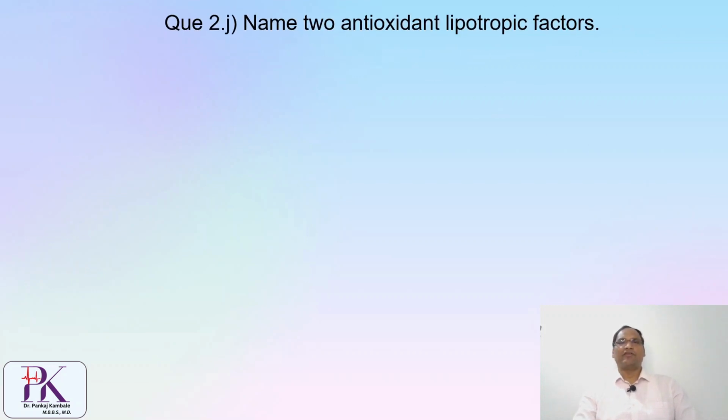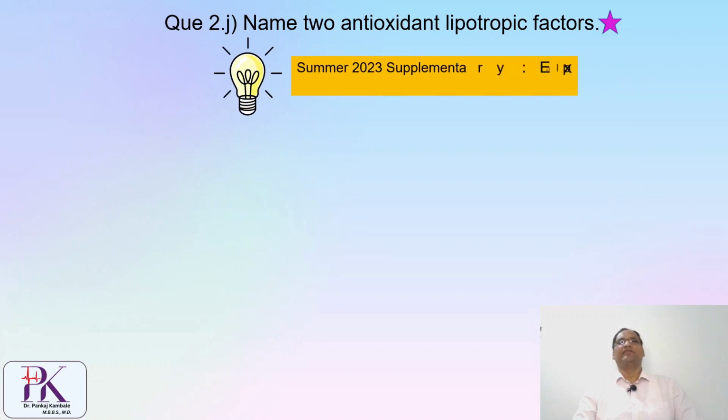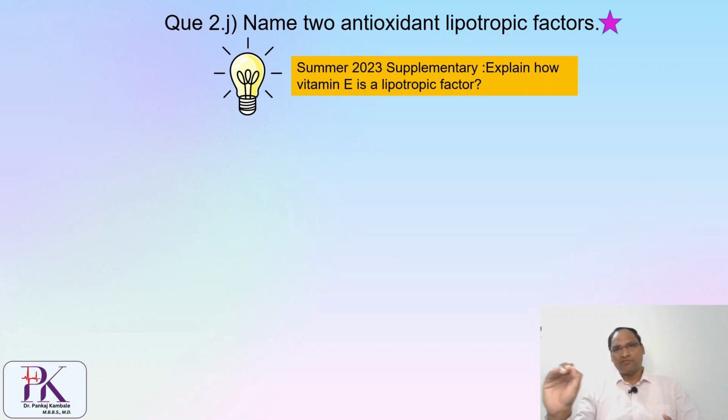Name two antioxidant lipotropic factors. This is again a star question. Why? In the summer 2023 supplementary, what they have asked is to explain how vitamin E is a lipotropic factor. So the same topic is repeated in the supplementary 2023 summer exam. I already made a video on this, and it is available on my channel.